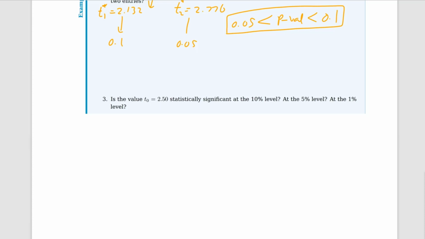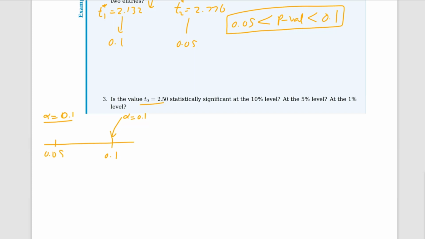Then, is the value T naught statistically significant at alpha equal 10%, that means 0.1? So let me draw this. This is 0.05 and this is 0.1. Yes, you see alpha 0.1 coincides, right?